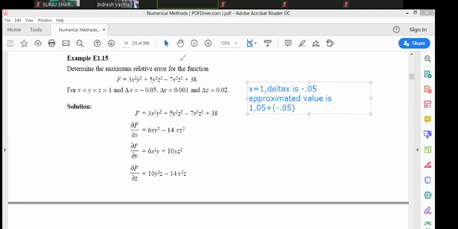Now what we are doing with this problem. We are given this function f. Similarly, the next one will be 0.001. What will be the approximate value in this very case? Who will tell? You subtract from 1.